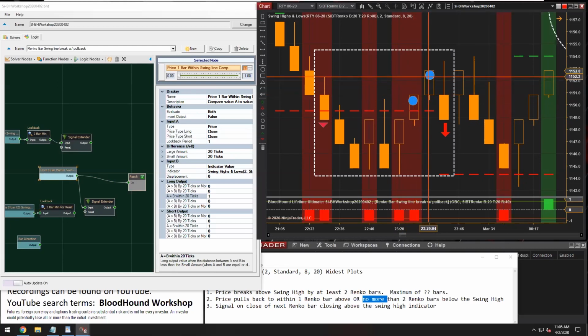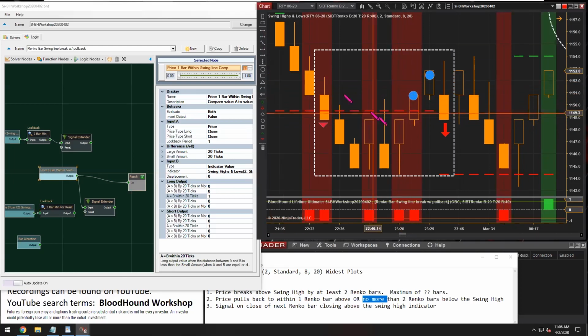But when we get to the second bar of the pullback, this close is going to be outside that 20 tick distance. So we need to take the signals from these two bars, from these closing prices, which are within our 20 tick distance.